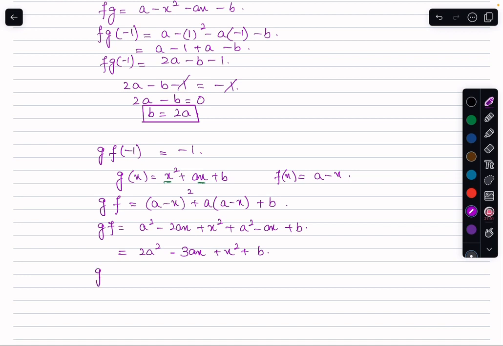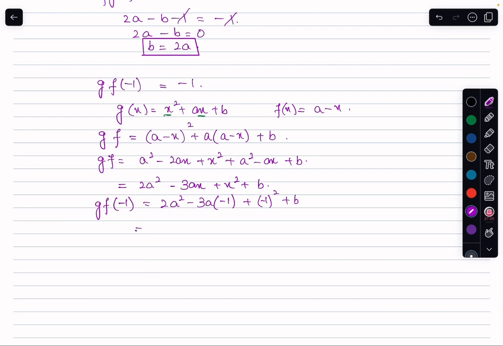The given condition is g of f of minus 1, so I will be substituting x with a minus 1, meaning I get 2a squared minus 3a(a minus 1) plus (a minus 1) the whole squared plus b. Solving it further, it's 2a squared plus 3a plus 1 plus b. So this is our g of f of minus 1.